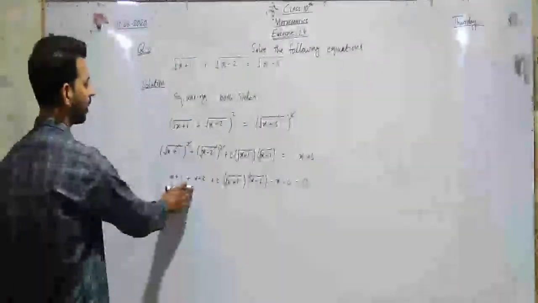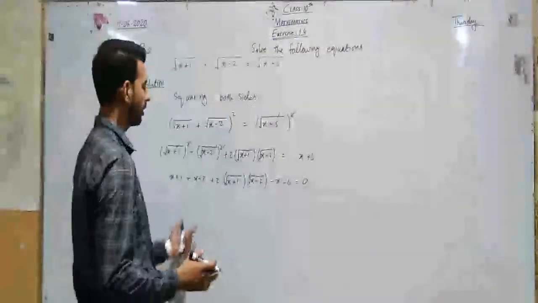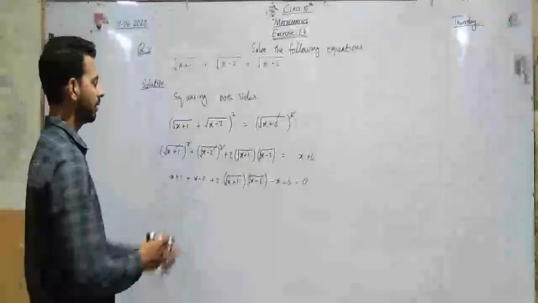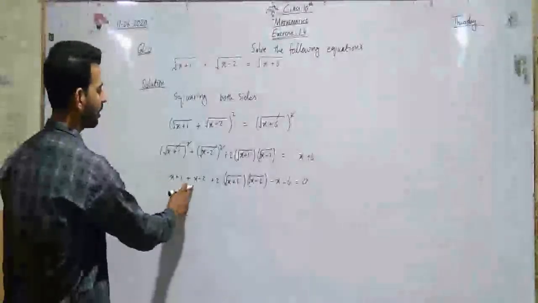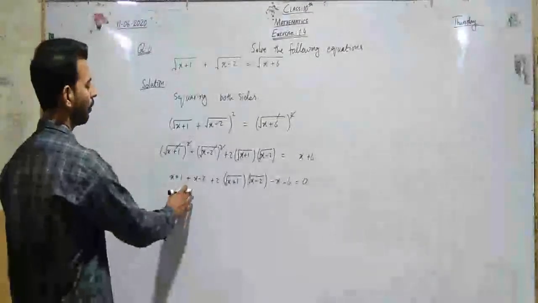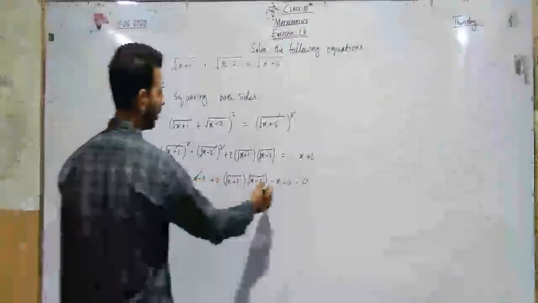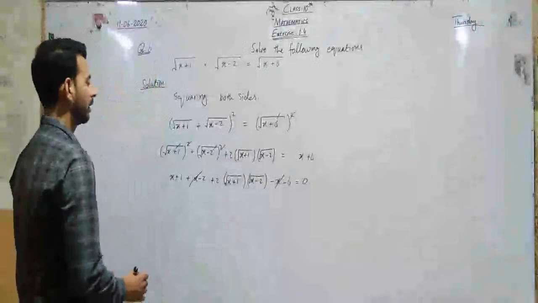Now we can solve these plus and minus signs, so x plus x is 2x, or we can cancel this x with this minus x.